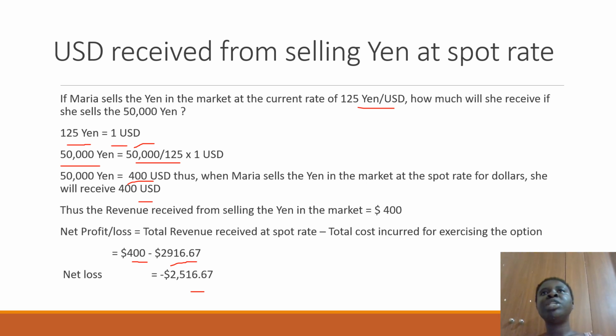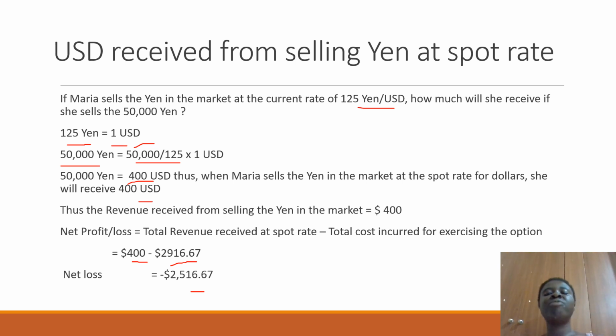So how much will she incur as premium for the 5,000, the $2,500 we saw up there? That's the premium she's going to lose, right? If she goes to the market to buy, how much will she pay? She's going to pay $400 to receive the 50,000.